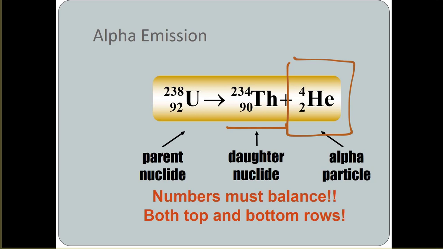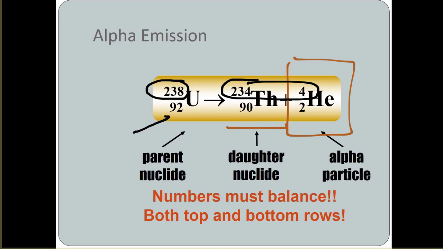And what I want you to notice is there's a conservation of mass that's going on here. Whatever the numbers are on the left-hand side, they have to add up and equal the ones on the right-hand side. So if you know a helium nucleus comes out, you're told it's alpha decay, then you need to take 238 minus 4, and you'll get 234.